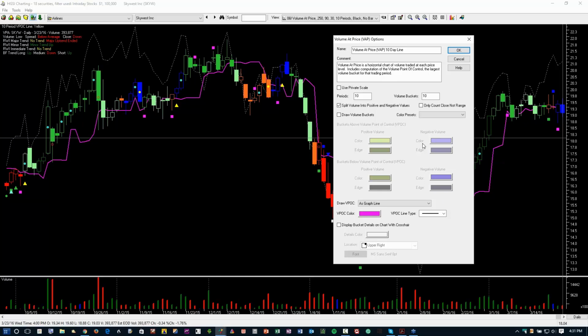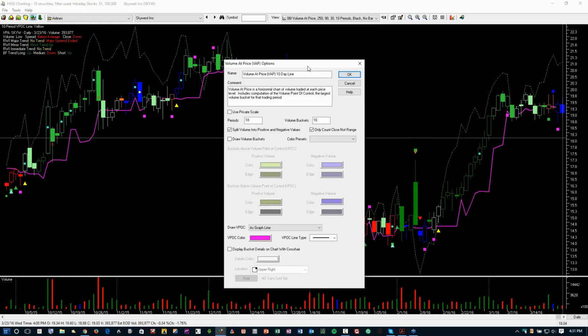So if the stock traded 10,000 shares and the price crossed 3 buckets, 10,000 would get added to each of the buckets it crossed. If you check the box so that only the close counts, then the 10,000 would only get added to the one bucket that the close is inside of.